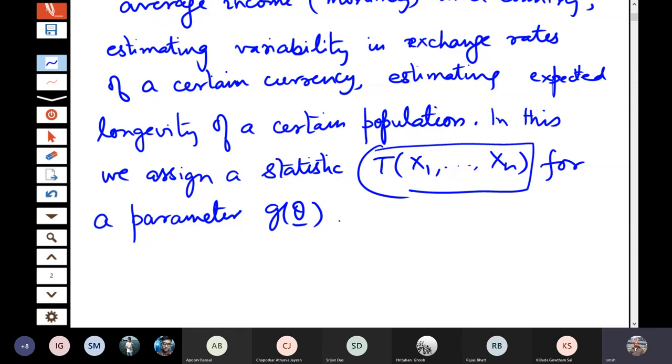Similarly, if I am considering, say, the average velocity of a vehicle traveling between two cities, then when the vehicle is traveling on the road, there are stretches when it can go very fast, say at 80 or 90 kilometers per hour. But then there will be stretches where it can go only, say, 20 or 30 kilometers per hour.